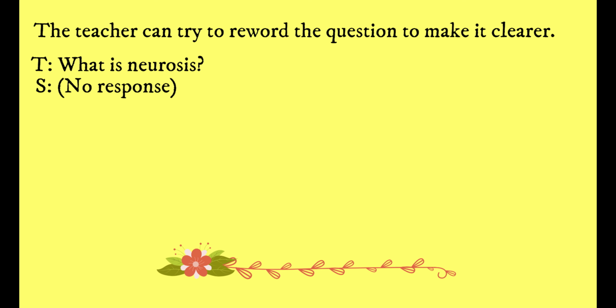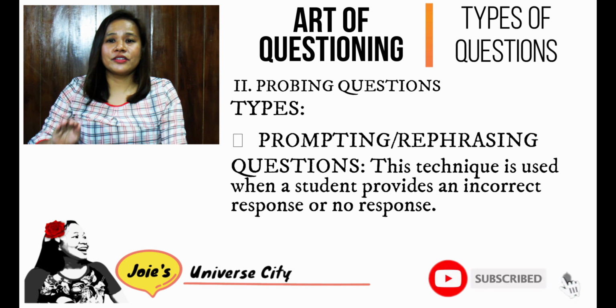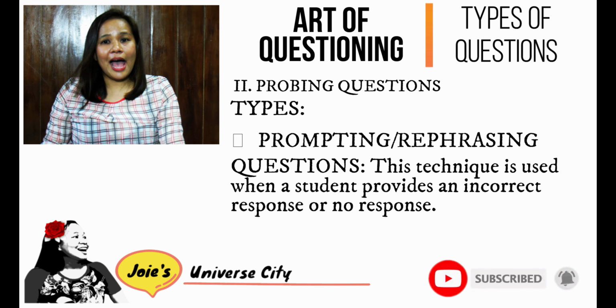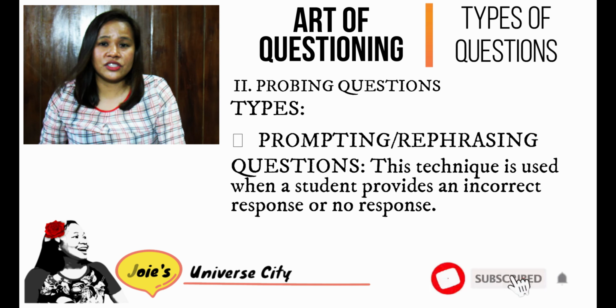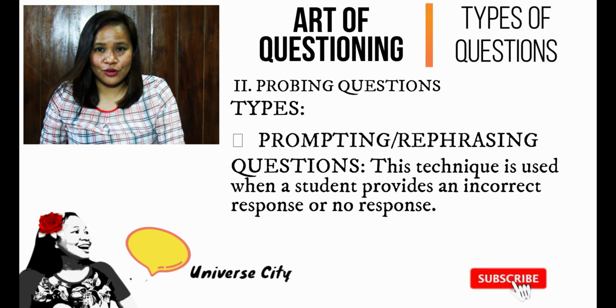And the teacher again says, "What are the identifying characteristics of a neurotic person?" If the student does not even say a thing, then you better look into what this neurotic person is all about. So those are the series of questions that would lead students to the correct answer.